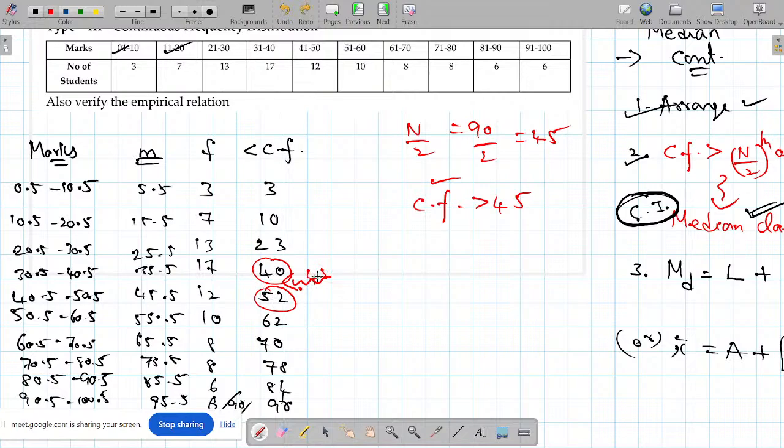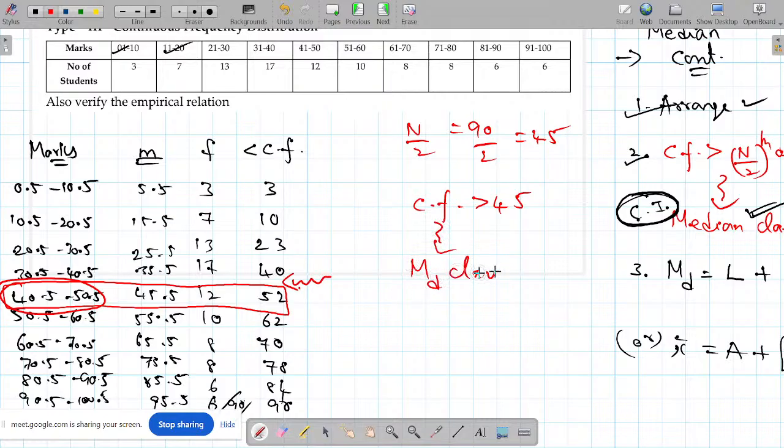So I take the cumulative frequency greater than 45, and corresponding to this I get the median class. Am I right? This is my median class. With the help of this, I locate the median class, which is 40.5 to 50.5.